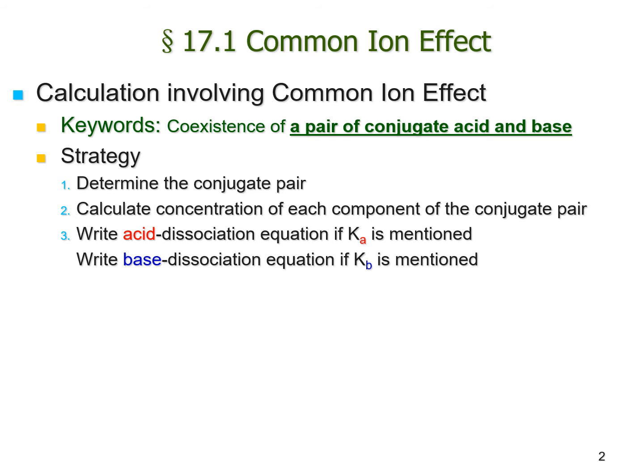So it is very important for us to understand how to write dissociation equations. That is something that we have emphasized in chapter 16. Remember that I put a big arrow with a caption in it to say, okay, so how do we realize what the product is going to be for acid or base dissociation?